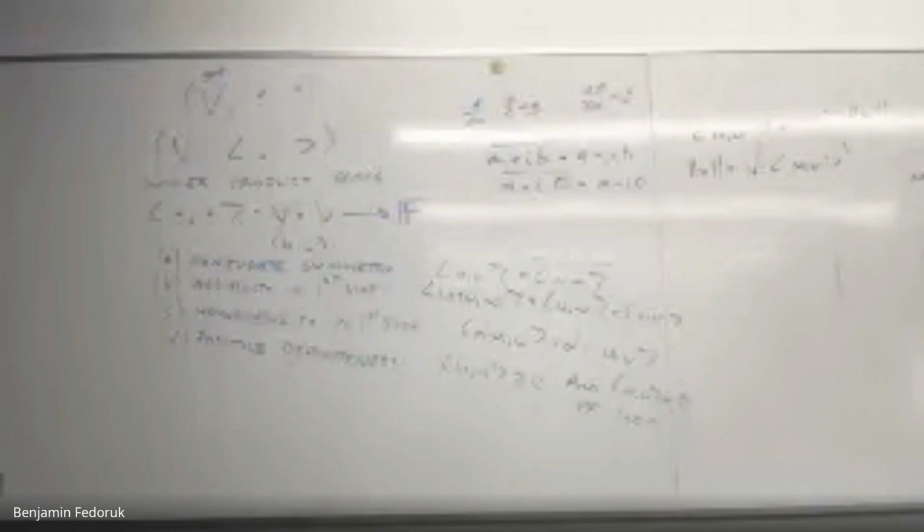So Cauchy-Schwarz is that the absolute value of the inner product of u with v, and notice when we do absolute value, we just use one vertical line, not two. Two would be a norm. The absolute value is less than or equal to the norm of u times the norm of v. And I think that should make sense, right?